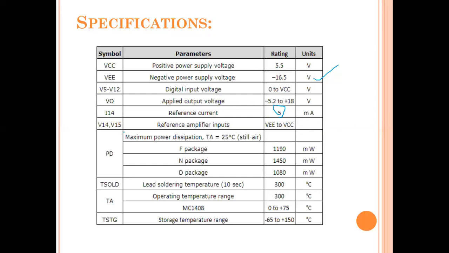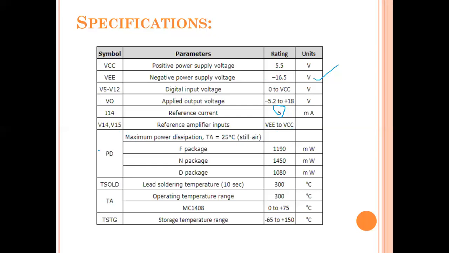And V14, V15 represent the reference voltages, which will be in terms of VEE to VCC. That is, the minimum range will be equal to VEE voltage, and the maximum range will be equal to plus VCC voltage. So in between that, we can consider the reference voltages.